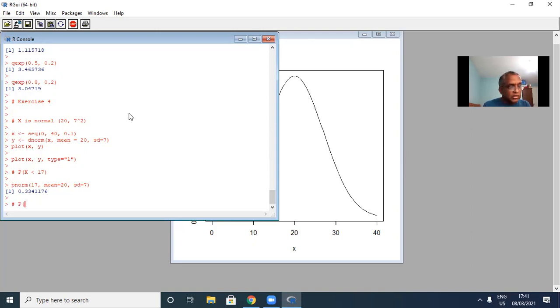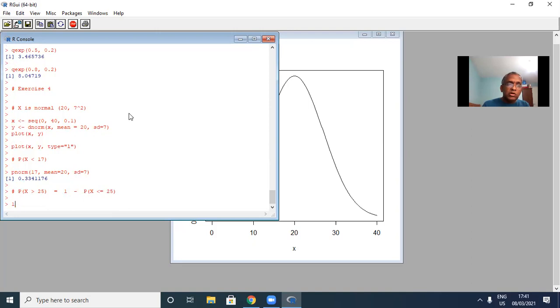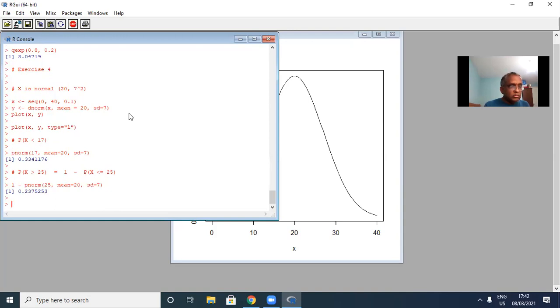The next is to find the probability that x is greater than 25. And this you can write as 1 minus the probability that x is less than or equal to 25. So this is 1 minus p norm, right? So this is what you get.